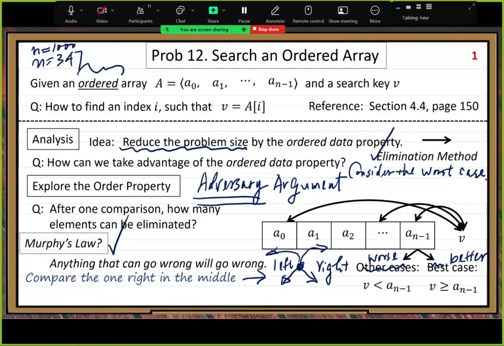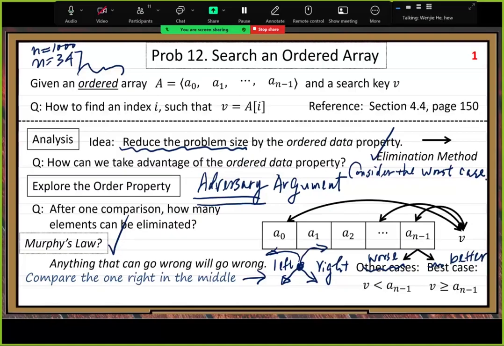In this situation, we have two branches to go when we do the comparison: one larger branch, one shorter branch. Which one should you select? You ask your adversary, which branch would you like me to go?